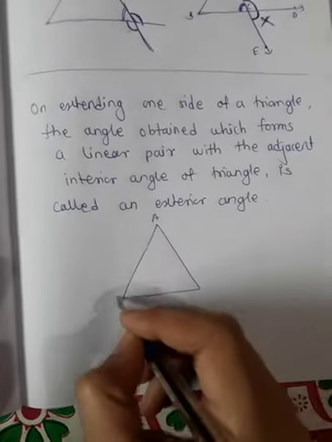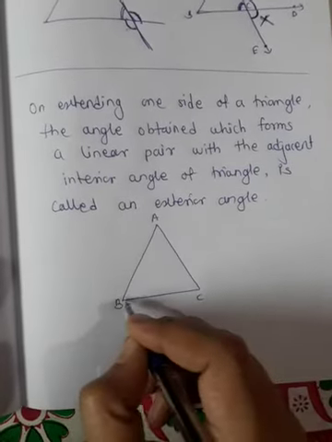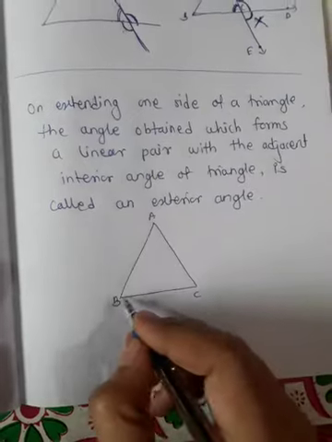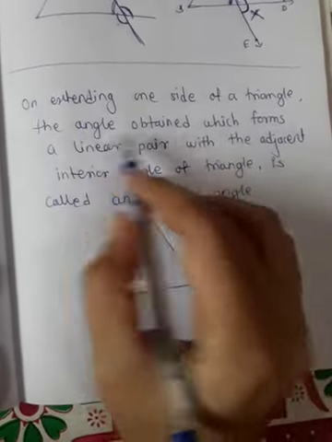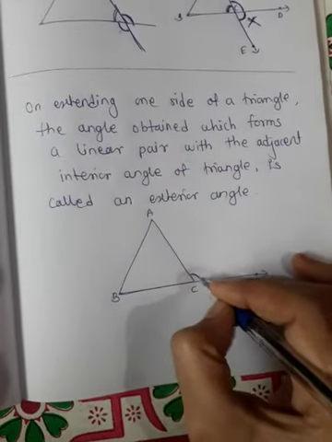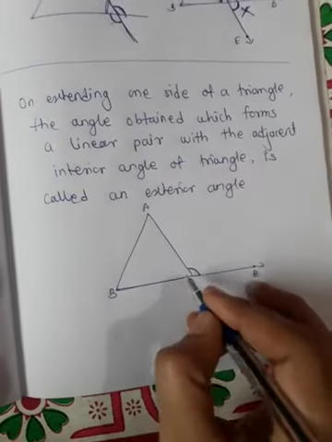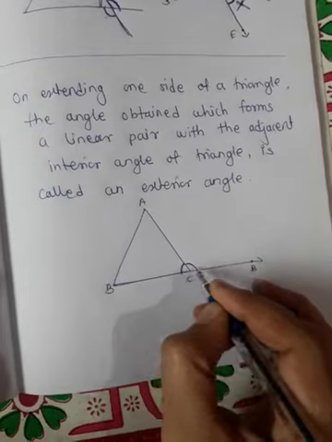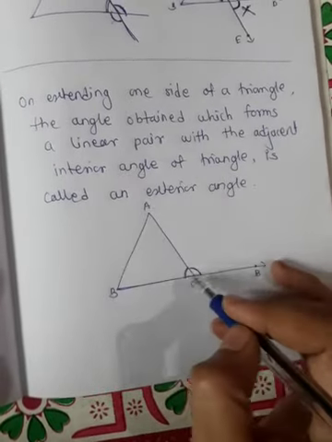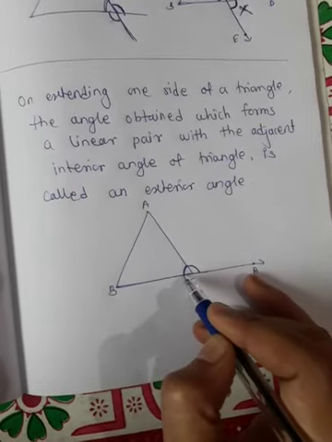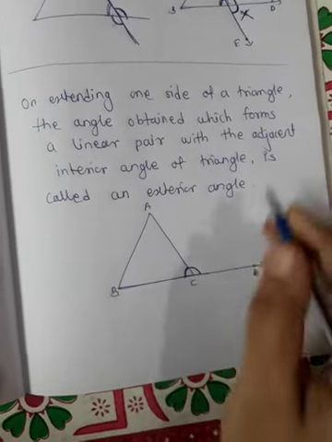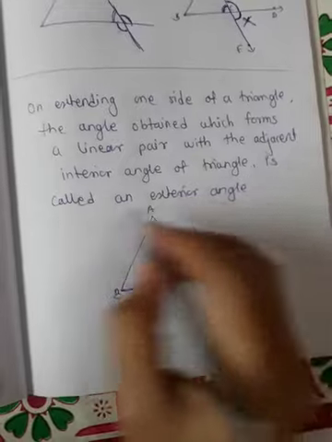If we take triangle ABC and extend one side of the triangle, suppose BC, then the angle obtained, that is ACD, forms a linear pair with the adjacent interior angle. See, this forms a linear pair with the adjacent interior angle, and therefore ACD is called an exterior angle.